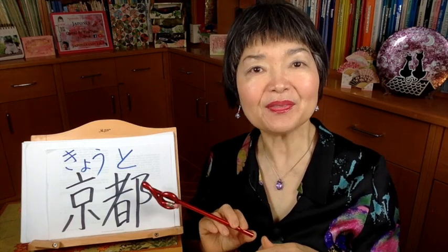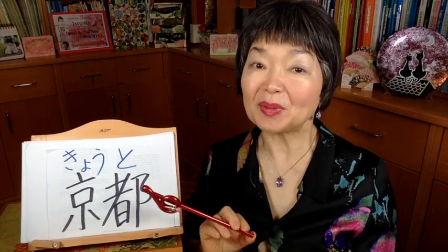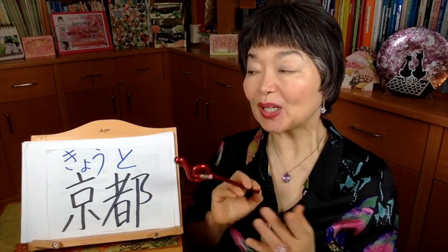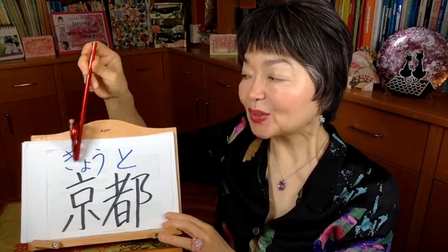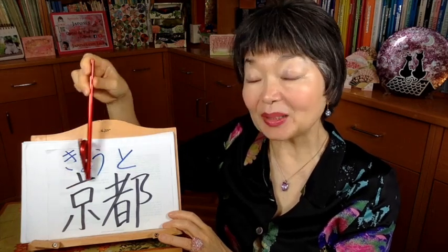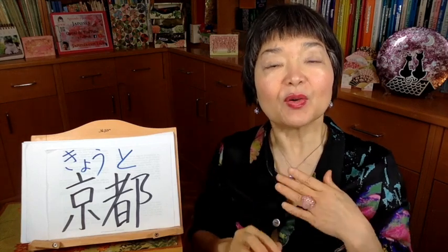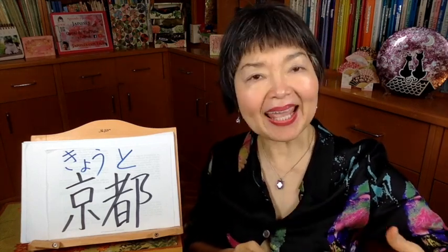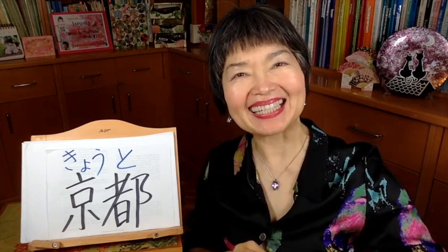This is a very, very beautiful city in Japan called Kyoto. So here we've got u, long sound. Kyoto means the capital because Kyoto has been capital for many, many years in Japan.